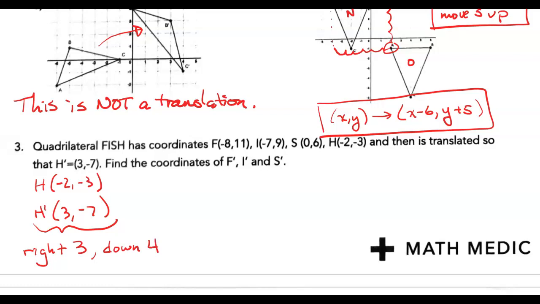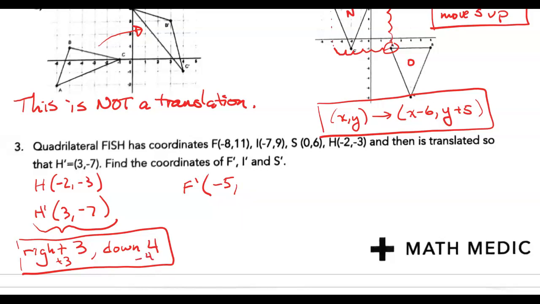So now we can use this to help us find the coordinates of F prime, I prime, and S prime. All right? So F prime, we'll apply this rule now. I'm going to go right 3, so that's +3. So -8 plus 3 is -5. And down 4, so that's -4.